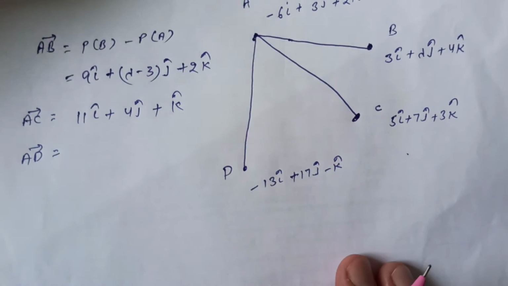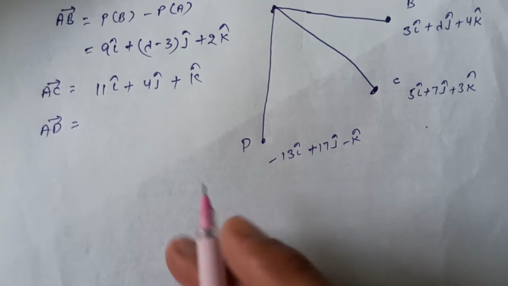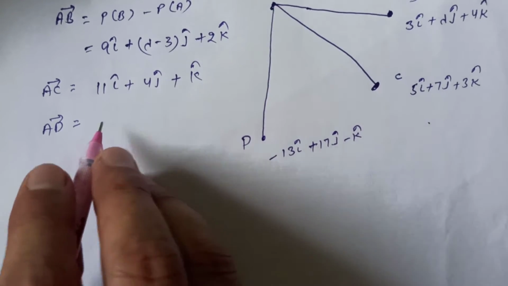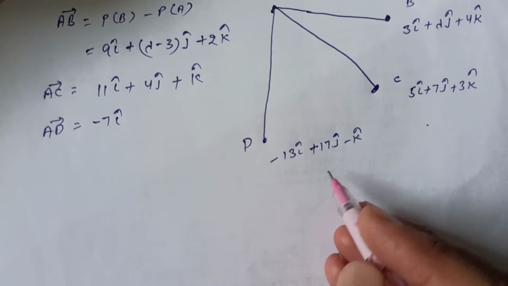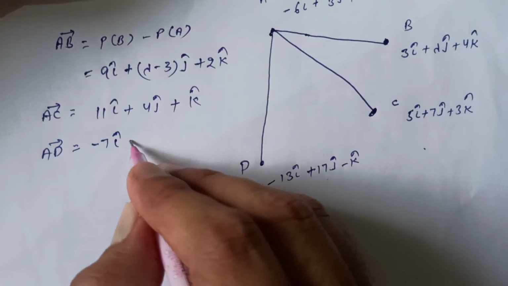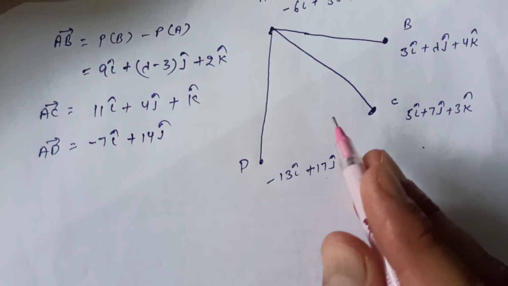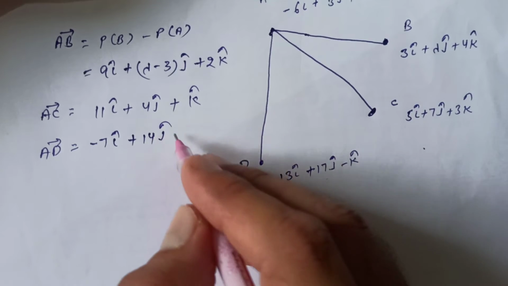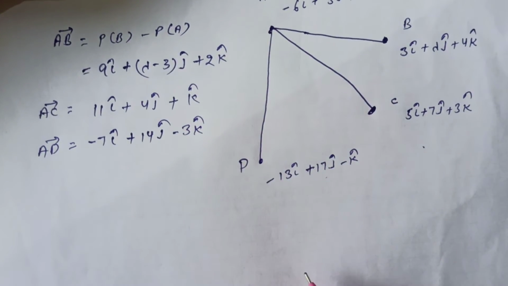Vector AD is position vector of D minus position vector of A, that is minus 13 plus 6, minus 7i cap, plus 17 minus 3, plus 14j cap, minus k minus 2k, minus 3k cap.